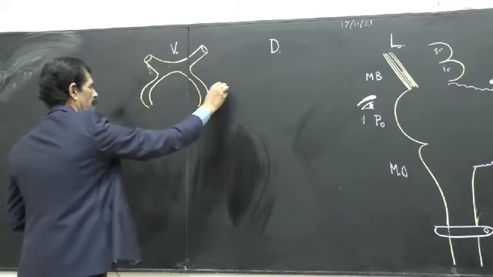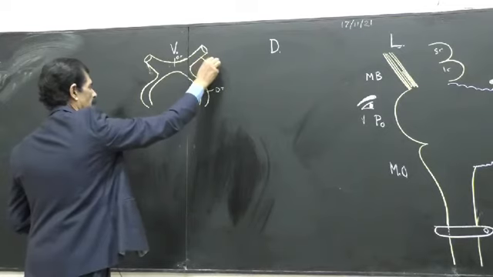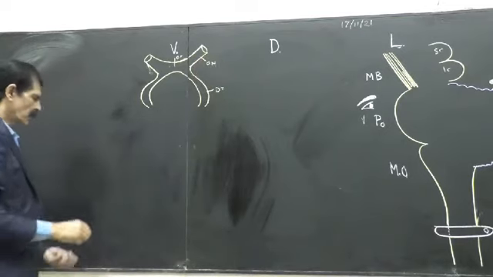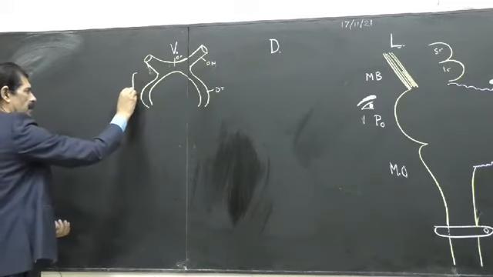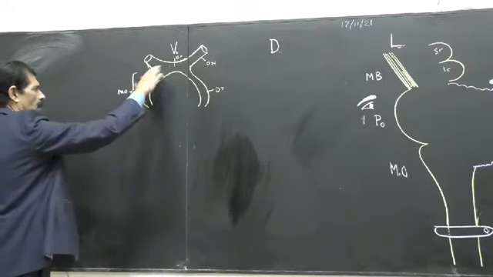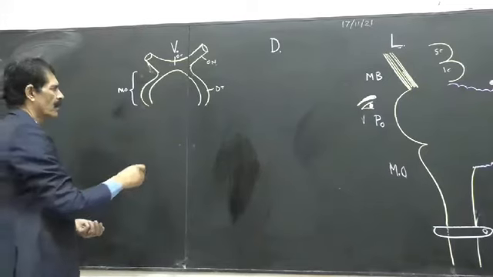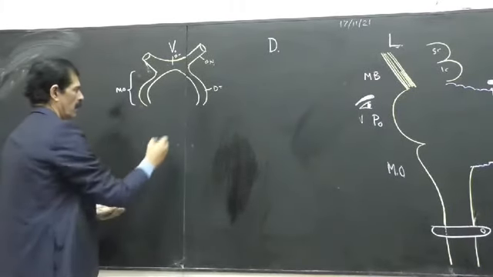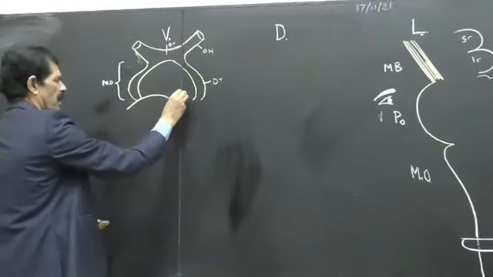So this is the optic tract, this is the optic chiasma, this is the optic nerve, the second cranial nerve. This is what we have drawn, the midbrain, 1 inch long and 1 inch broad, the smallest part. And where the midbrain ends, the pons starts.